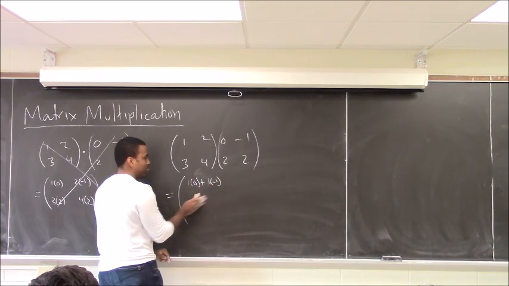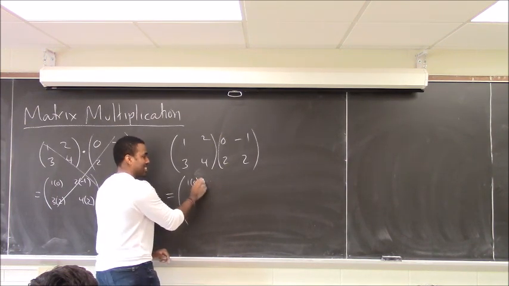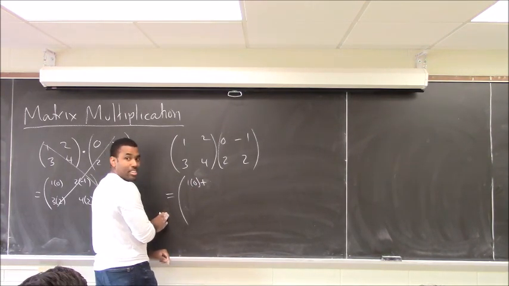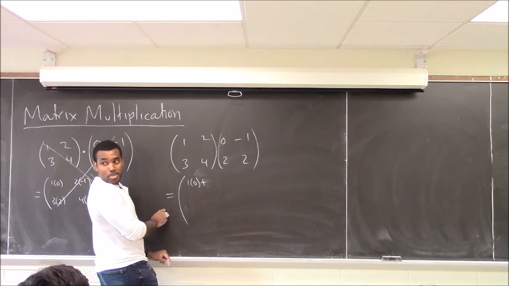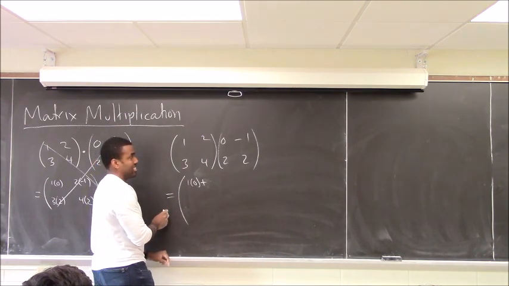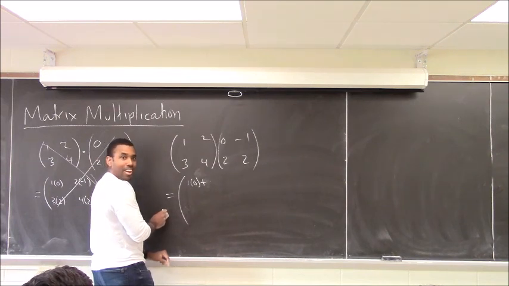No. Oh, so you guys don't remember. Oh, maybe it's a good thing I'm starting from scratch. You guys remember? 1 plus 0 times 1 plus, oh no, plus 1 times 2? No. Okay.